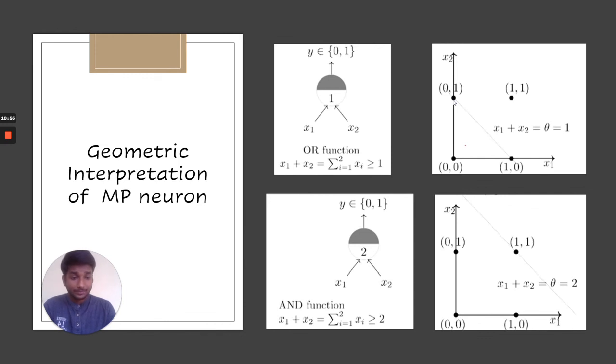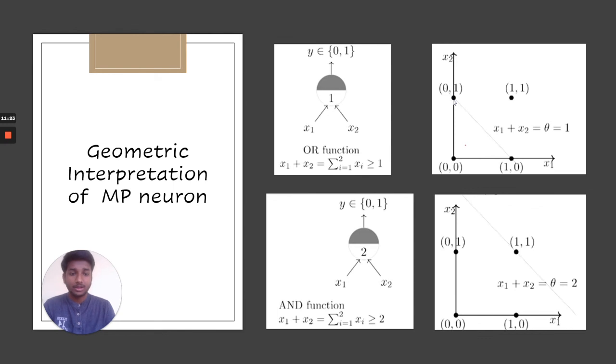The line will pass through (0,2), (1,1) and (2,0). The values below this line will have an output of 0, and the values on the line and above the line will have an output of 1.